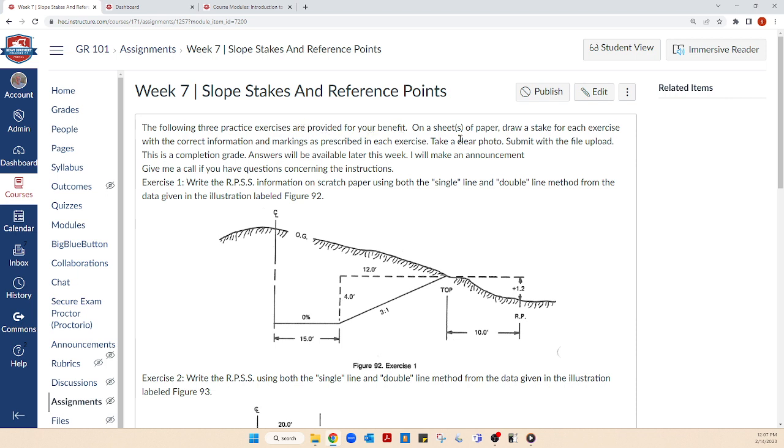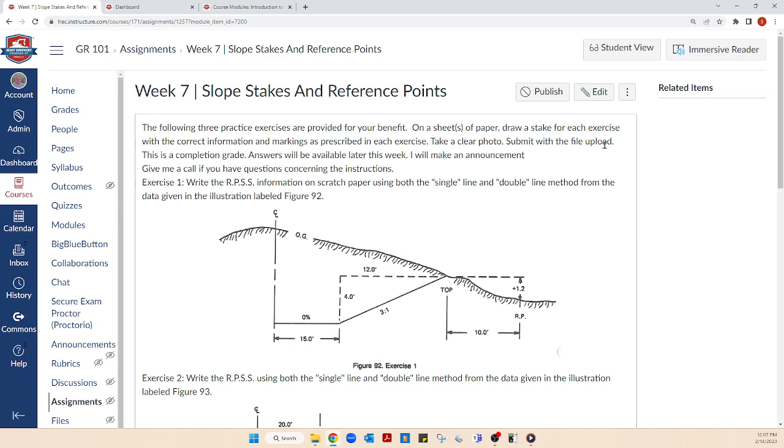On a sheet or sheets of paper, draw a stake for each exercise. And again, you see how we're drawing these stakes. You can go back and look. You draw them as if you're facing the stake so you can read and write on it. You can freehand these, just make it legible. Take your time.